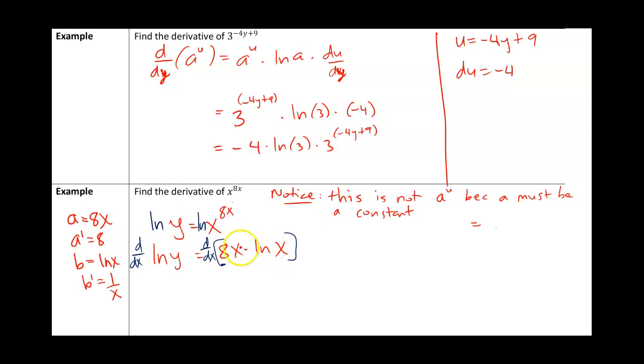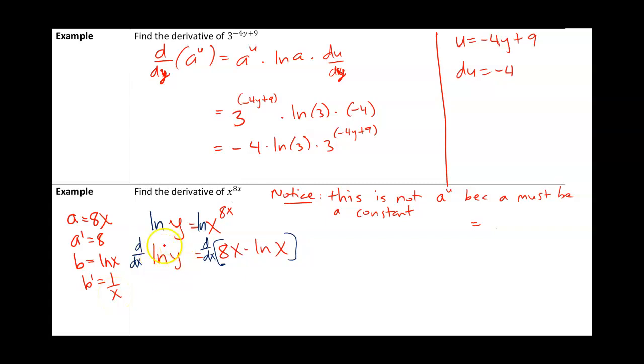Our a term is going to be 8x, so our a prime is 8. Our b term is going to be ln of x, and the derivative of that is going to be 1 over x. So that's a formula where the derivative of ln is just 1 over x, 1 over that term.